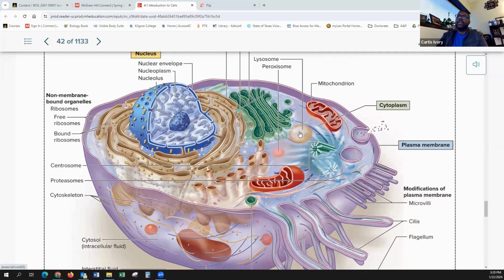They get rid of a lot of unwanted things that the cell doesn't need, or if organelles are dying, or parts of the cell are dying or getting replaced. The lysosome is going to break those components down and then recycle them, whether that be for making new nucleic acids or new proteins.